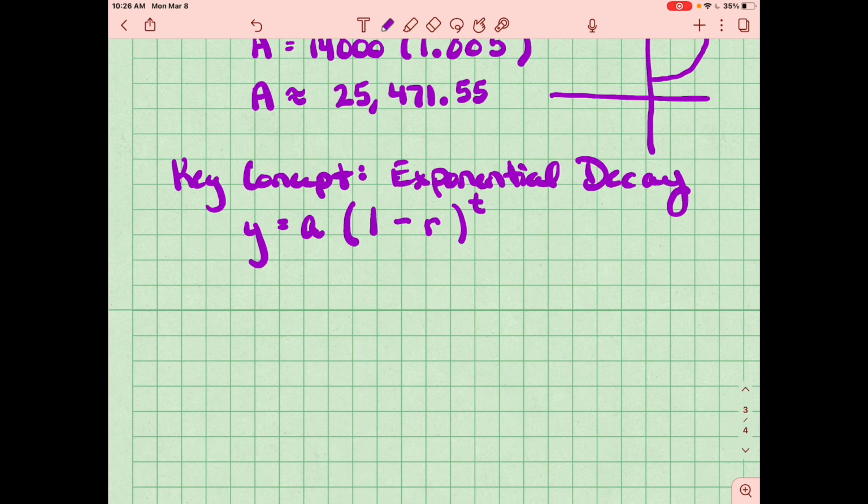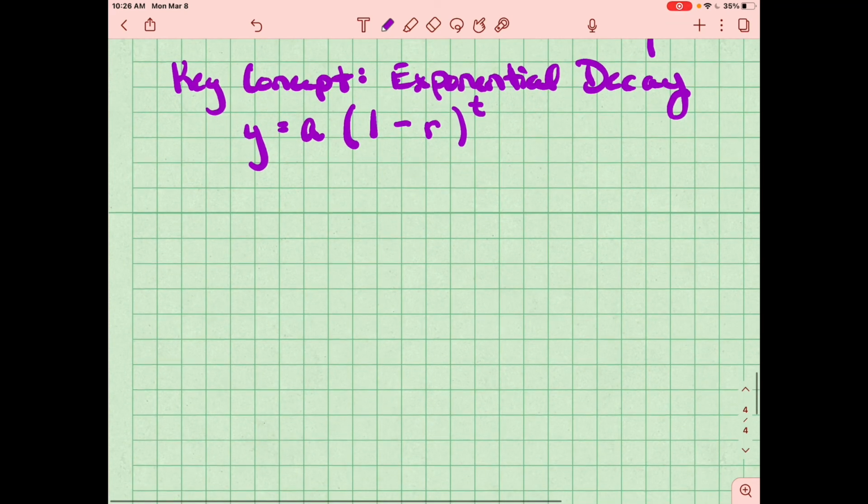So here's an example. It says a fully inflated child's raft for a pool is losing 6.6% of its air every day. The raft originally contained 4,500 cubic inches of air. So let's write this equation. We have y, that's the amount of air in our raft, equals the original amount of air, which was 4,500 cubic inches of air.